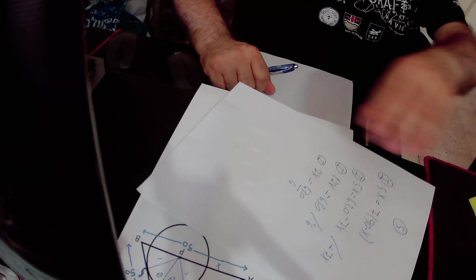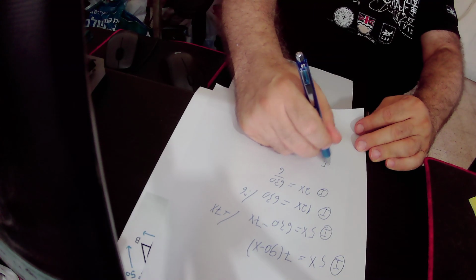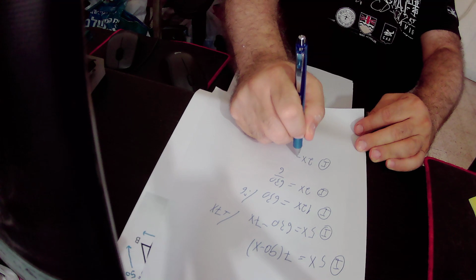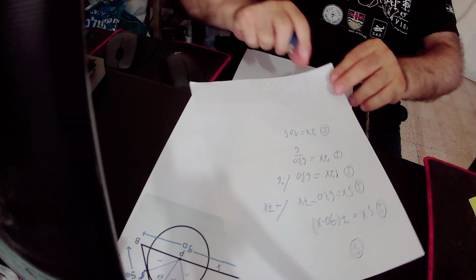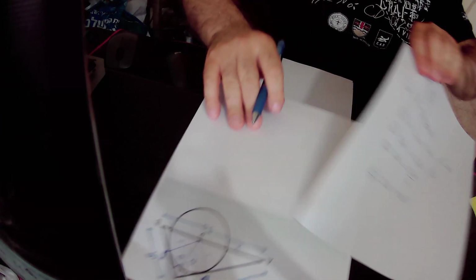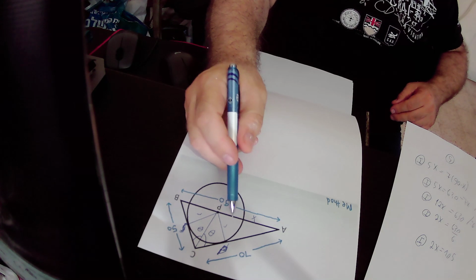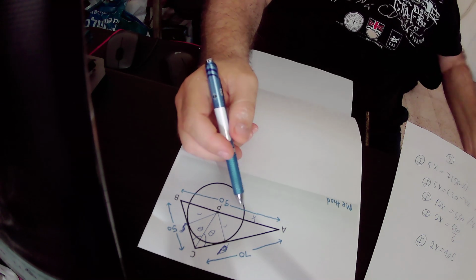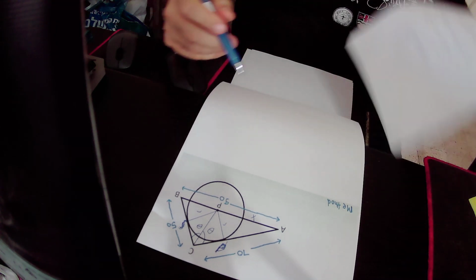So we will write that 2x equals 105. Okay, so actually, as you can see from the picture, x equals AP. Okay, x equals AP, so we write it down.